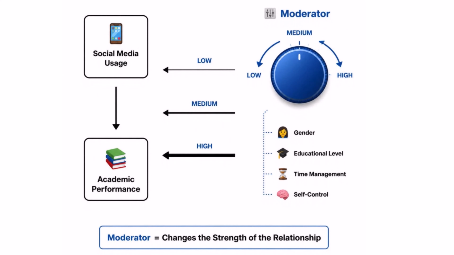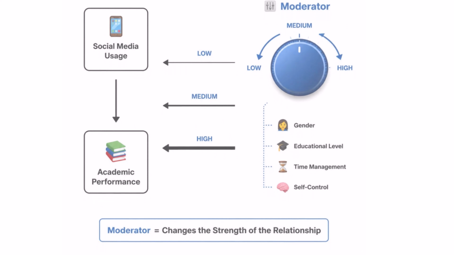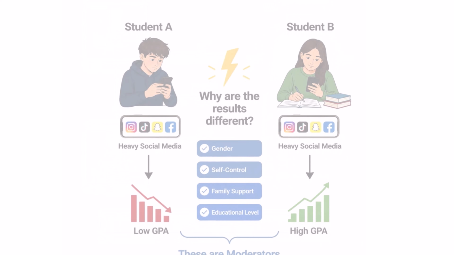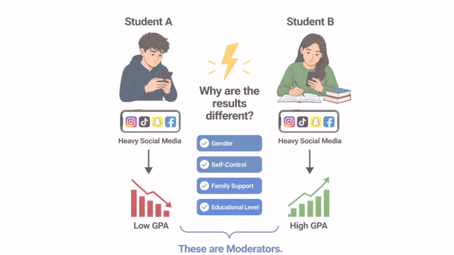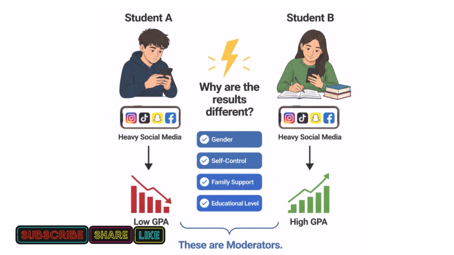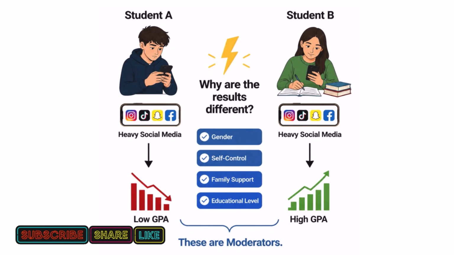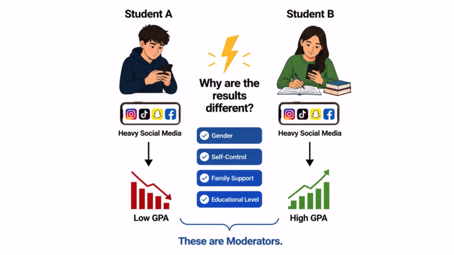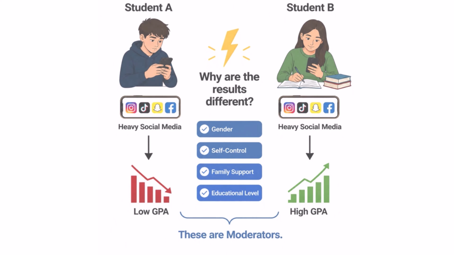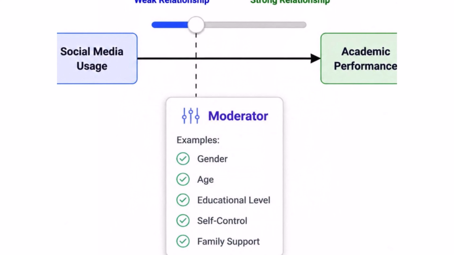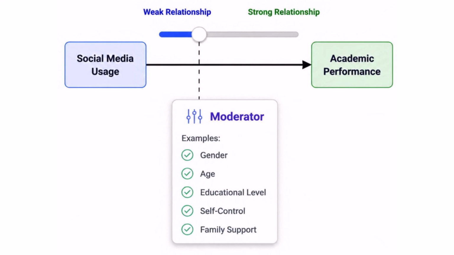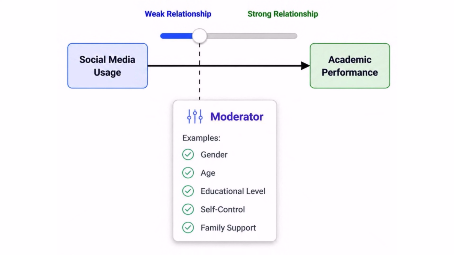Step 5. Find moderating variables. Now let's understand moderators. A moderator changes the strength of the relationship. Example: does social media affect every student equally? No. Maybe male and female students are affected differently. Maybe first semester students are affected differently than final year students. Maybe students with good time management perform better despite heavy social media use.